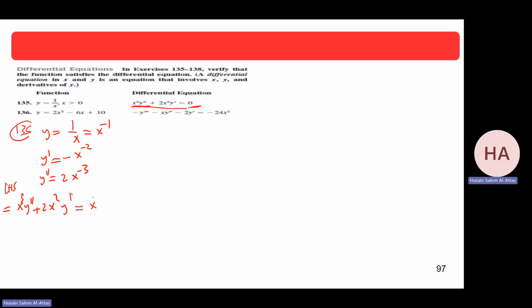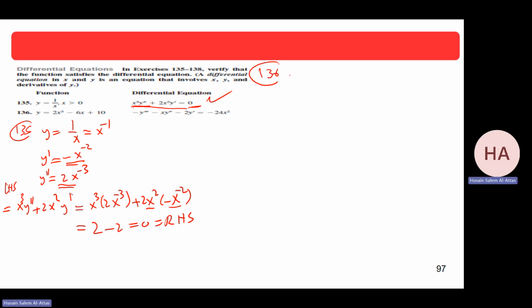I have x cubed times this plus 2x squared times this. That will be 2 minus 2, which is 0, which is the right-hand side. So this is correct. 136, the same idea, but a little bit more calculation. Y equal what?